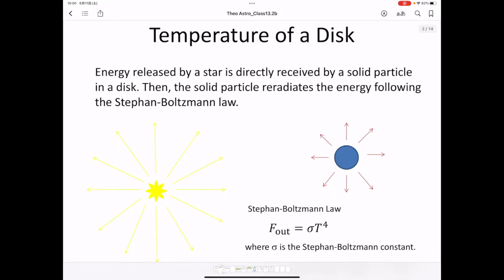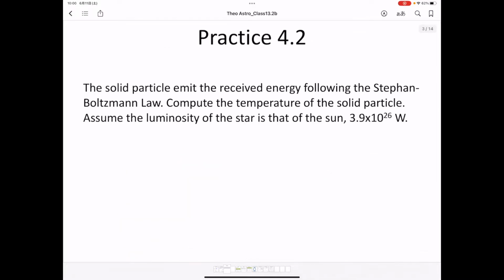T is the surface temperature of a solid particles. We use this to find out the temperature of a solid particle that is exactly equal to the temperature of a disk. So in practice 4.2, we'd like to find out the temperature distribution of a disk.